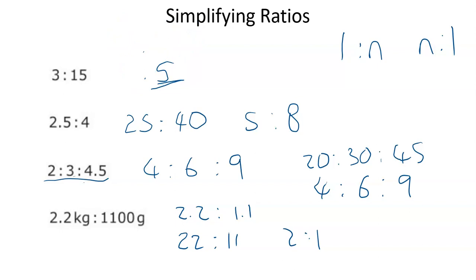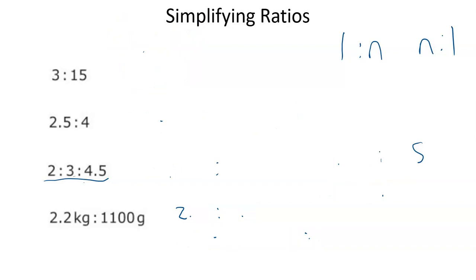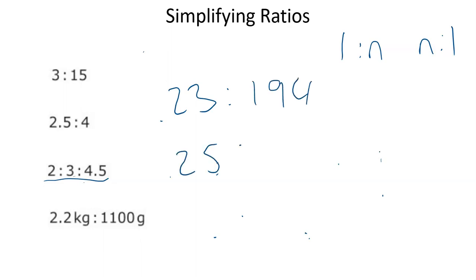But it's quite plausible that you might have ratios where it's much harder to see which one's bigger and which one's smaller. Let's say 23 to 194, or 25 to 203. Which is bigger and which is smaller? Now, you might be able to logic it.